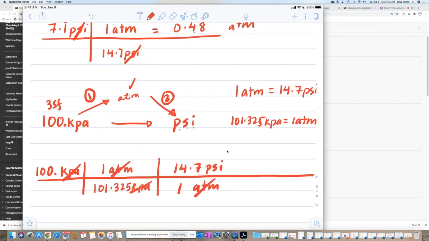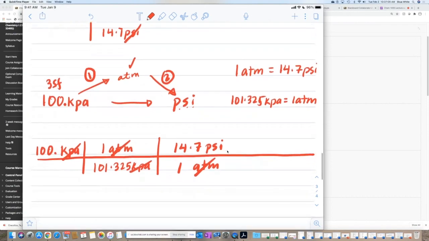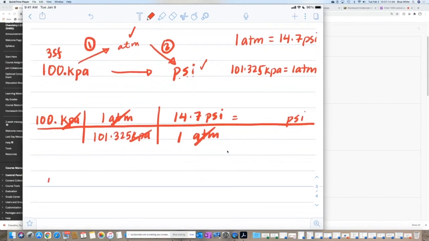ATM, ATM, cancels out. And I have my answer in the desired unit. I have arrived at psi. So for my math, 100, remember this is 3 significant figures, with the dot, times 14.7. If you put a decimal there, that means those zeros are significant.